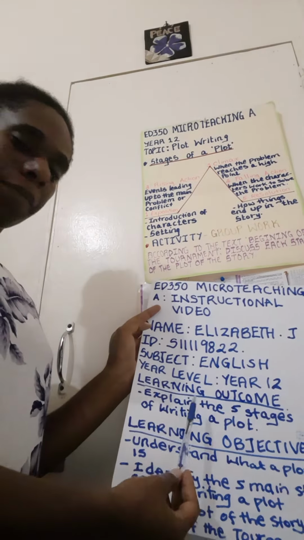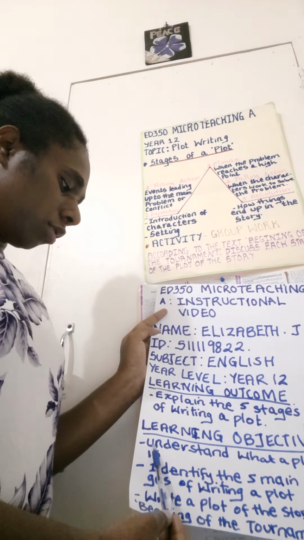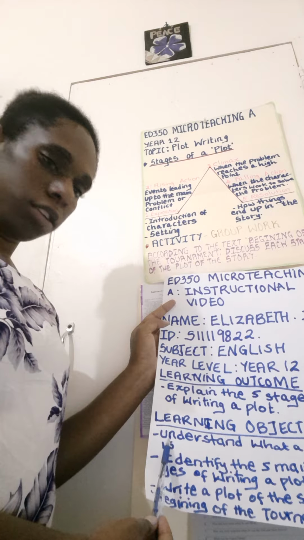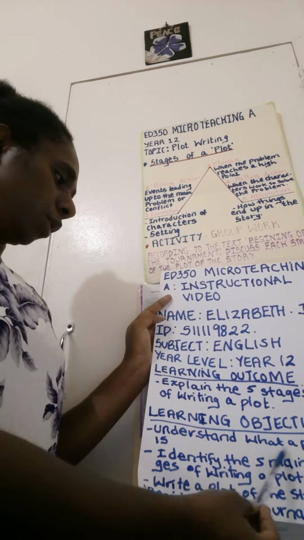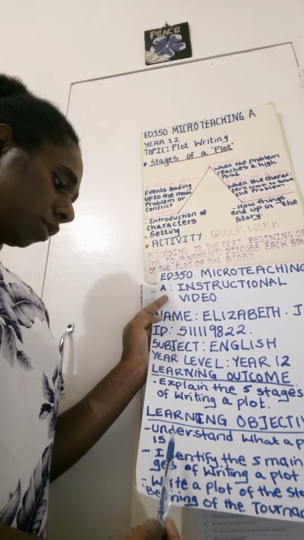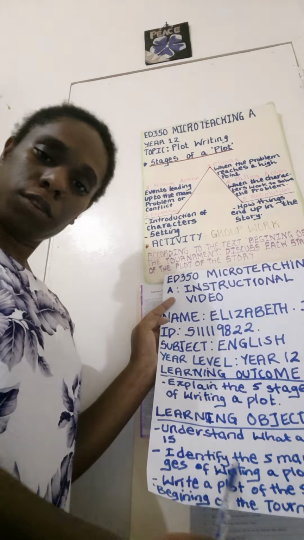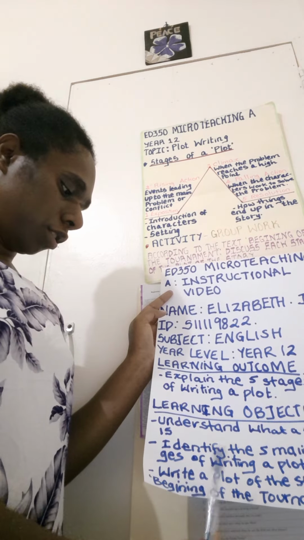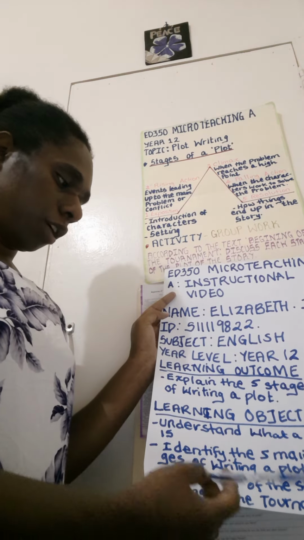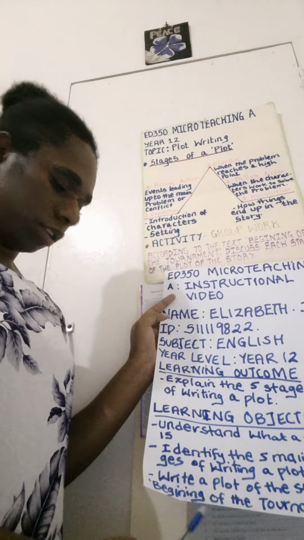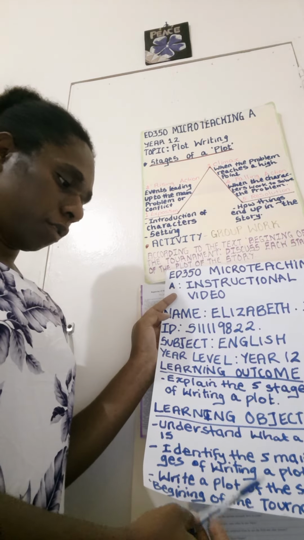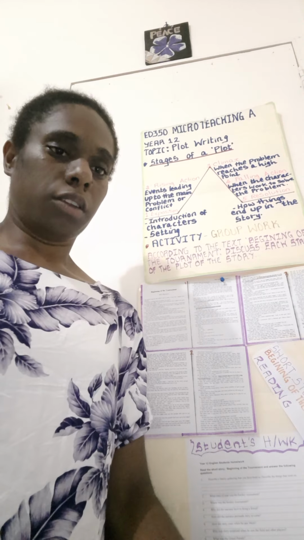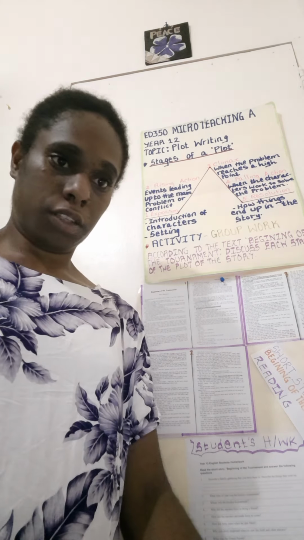I will tell my students that by the end of the lesson they should all be able to understand what a plot is, identify the 5 main stages of writing a plot, and write the plot of the story, which is Beginning of the Tournament. So these are the learning objectives.